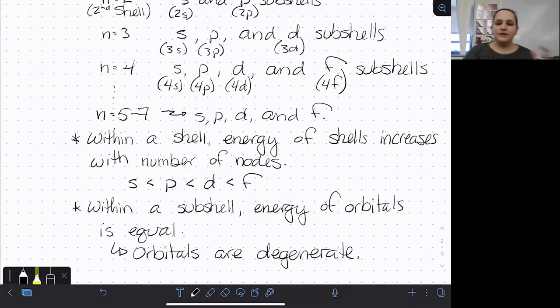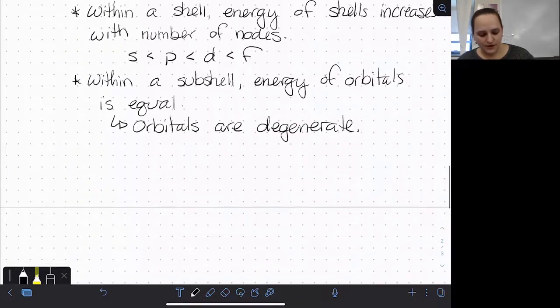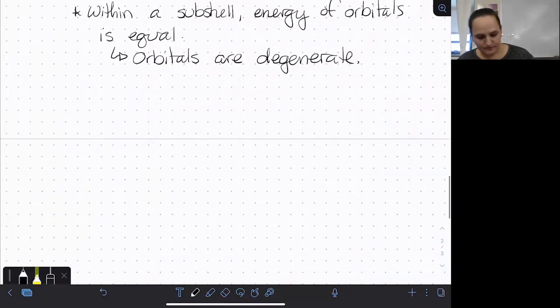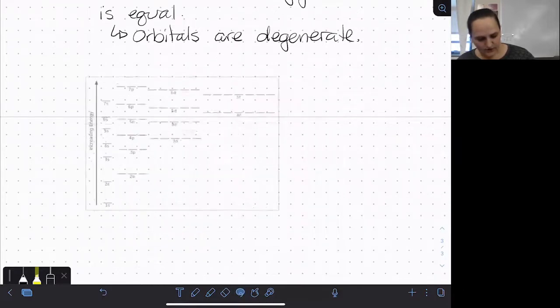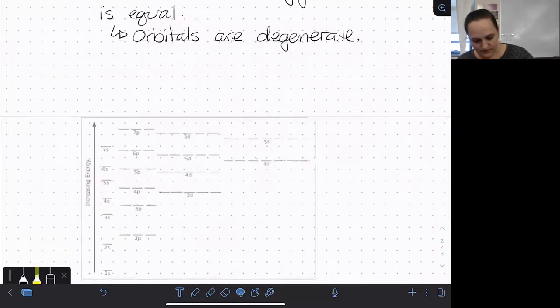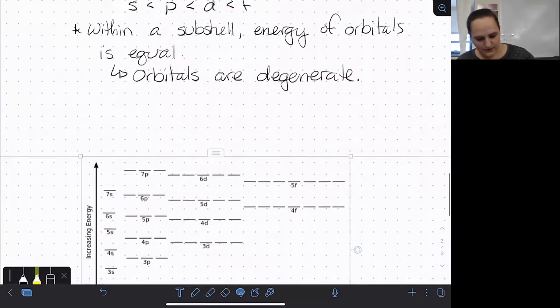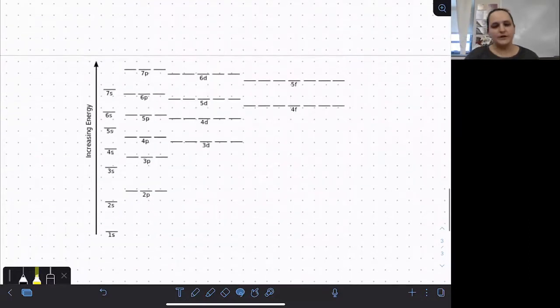So if we want to represent this organization structure visually, I'm going to go down to the next page here. We want to represent this visually. We get a structure that looks something like this.